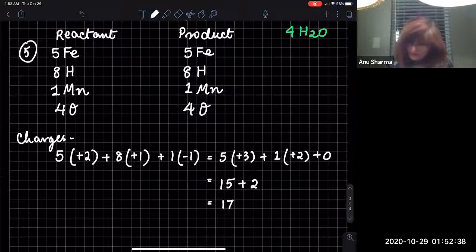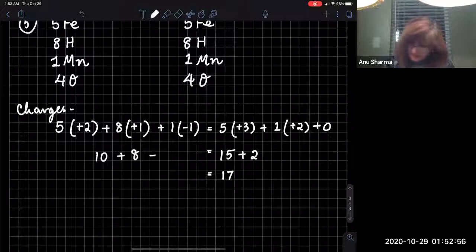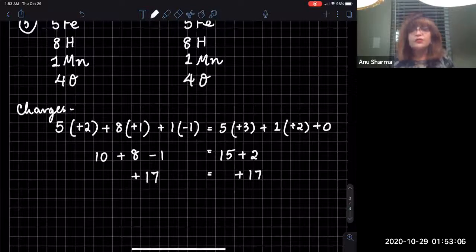And on the reactant side, 5 twos are 10 plus 8 minus 1, and that is equal to positive 17. The other one is also positive 17. So the charges are also balanced.